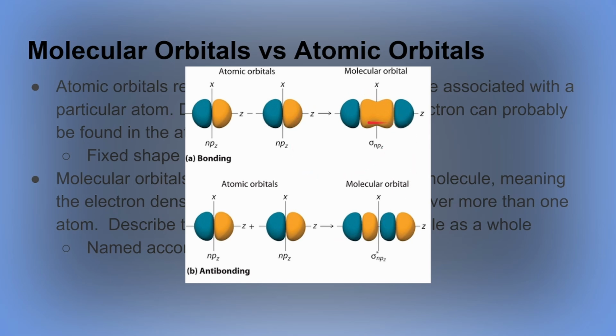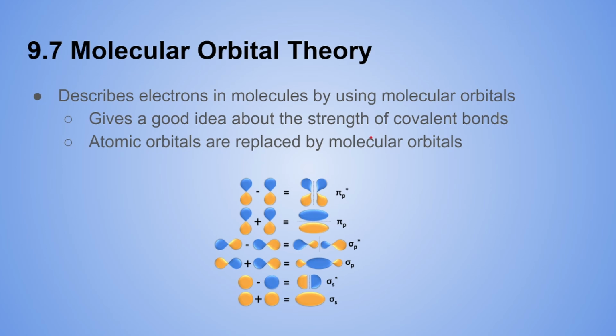This is just an example of how we have the atomic orbitals here and the molecular orbitals, and the difference between how they bond and how they're shared in the diagrams. It gives you a little more information over the molecules to show how the bonds are. For this, we use our molecular orbital theory, and it describes our electrons in molecules by using molecular orbitals.